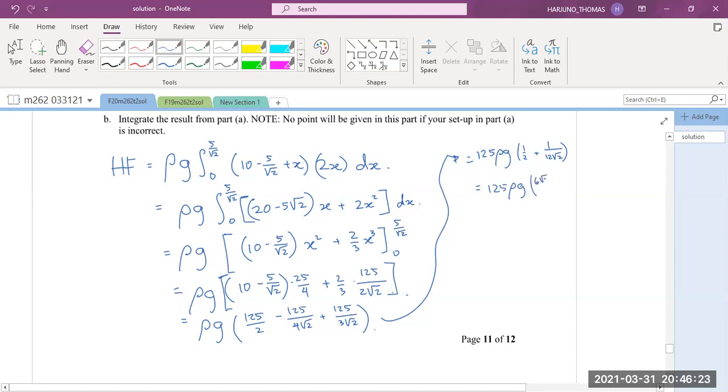So that's 1/2 plus radical 2 over 24. So times 12. 12 plus radical 2 over 24.